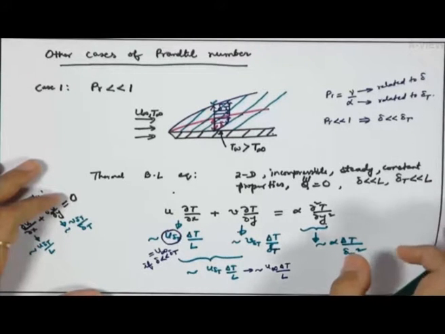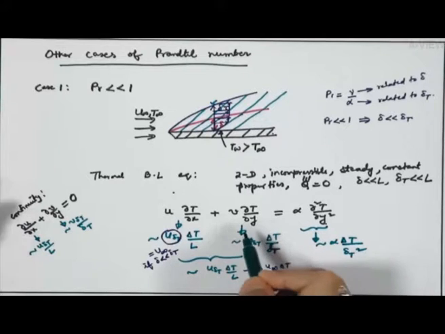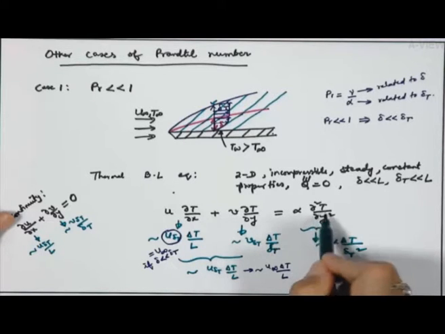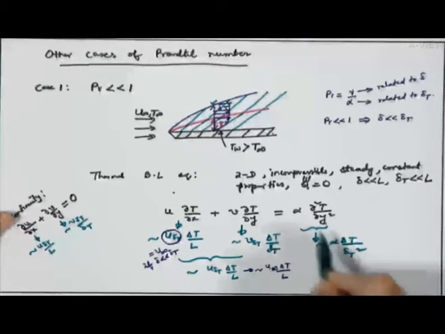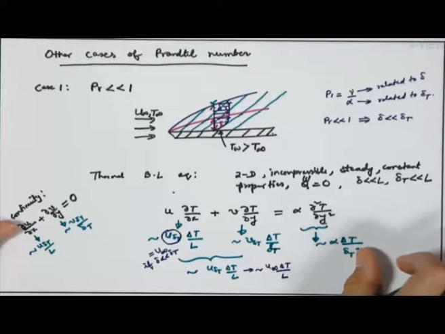So, we can write that in this equation, on the left hand side you have the advection term, which is of the order of U infinity delta T by L. On the right hand side there is diffusion, or conduction, which is of the order of alpha delta T by delta T square, and they are of the same order at the edge of the thermal boundary layer.